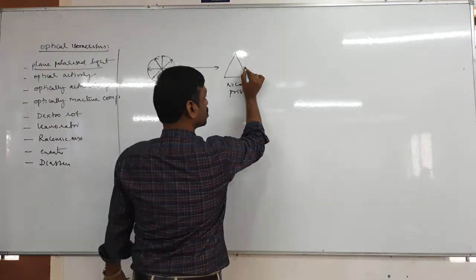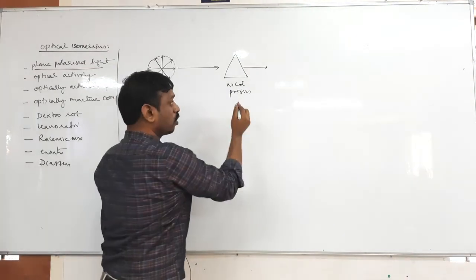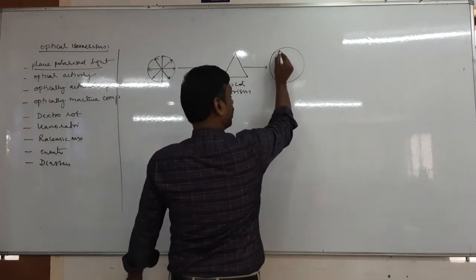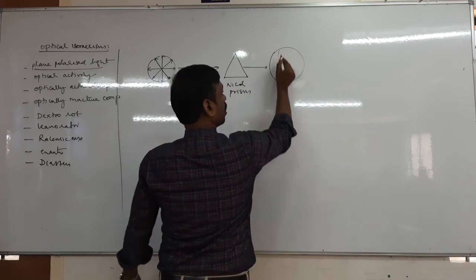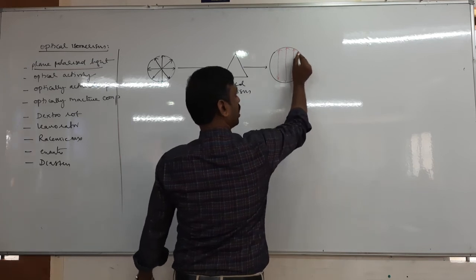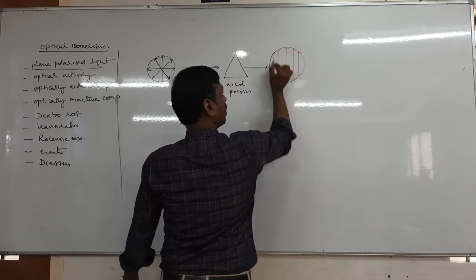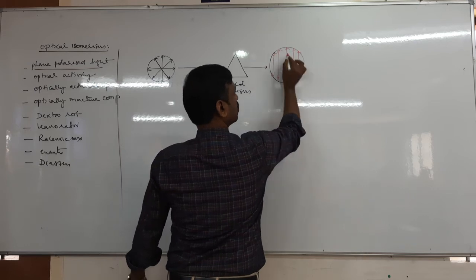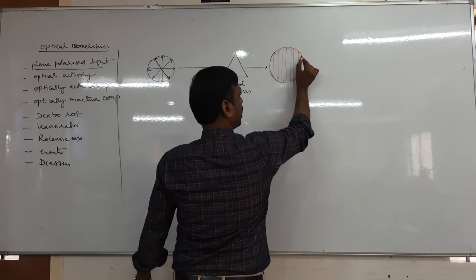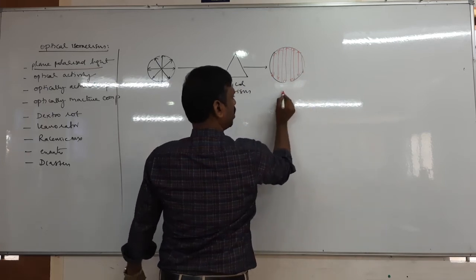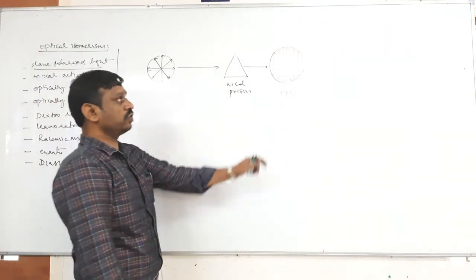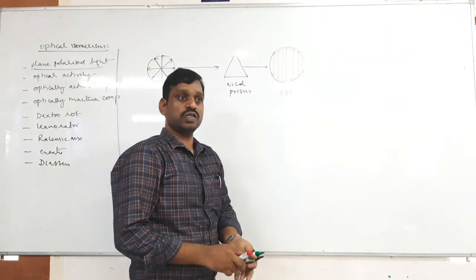The light which comes out of the Nicol prism has oscillations adjusted in only one plane. This is called plane polarized light. In chemistry, we use only this plane polarized light.